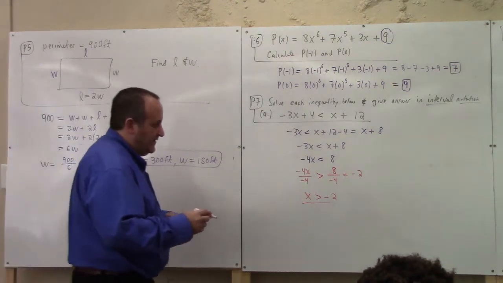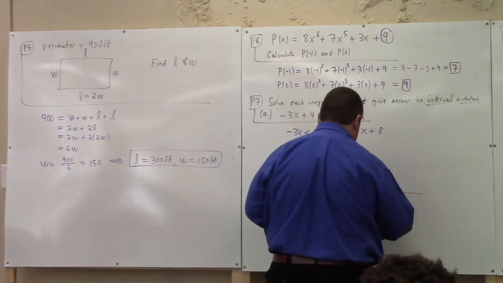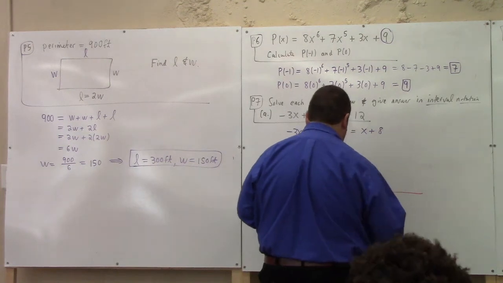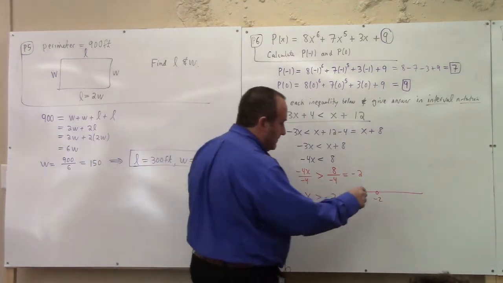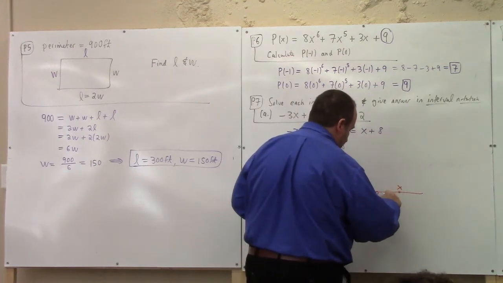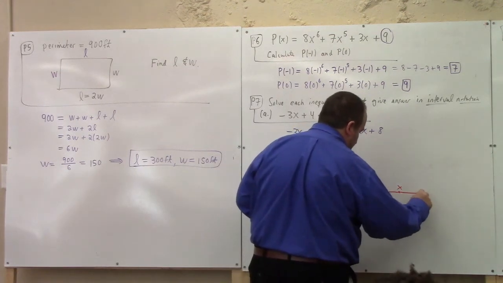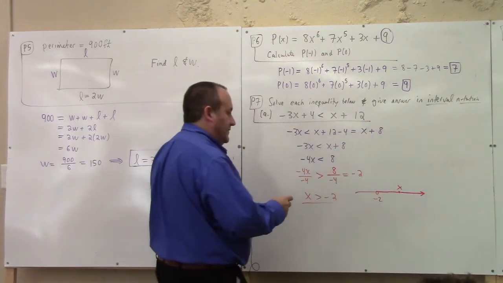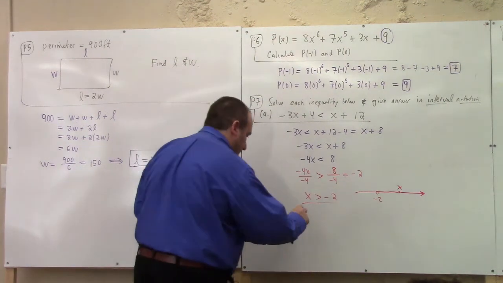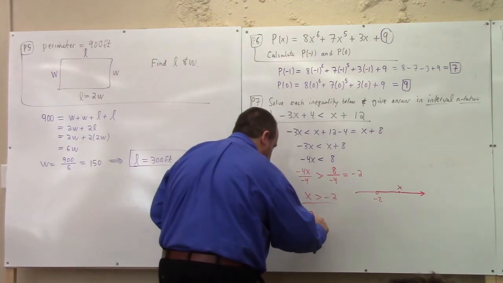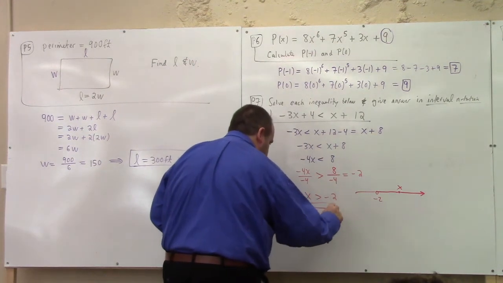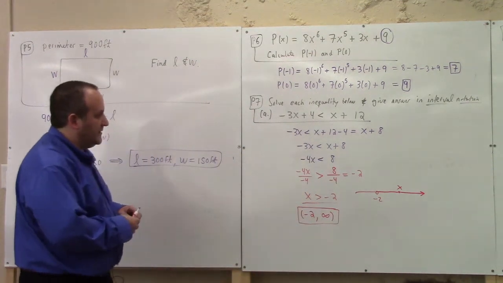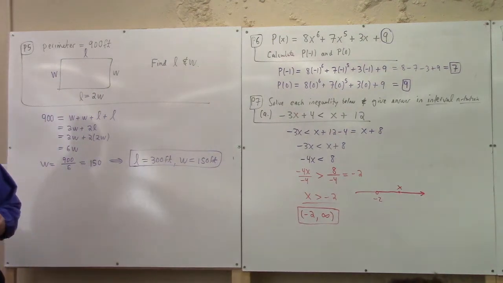And maybe it's helpful to draw a number line. So here's -2. Where is x? X is greater than -2, so x is over here. On a number line, the solution looks like this. So I should write what? My answer is -2, not included, to infinity. That's the solution set to this inequality in interval notation.